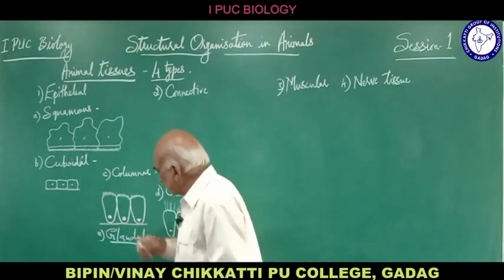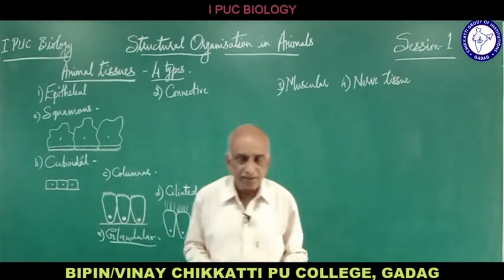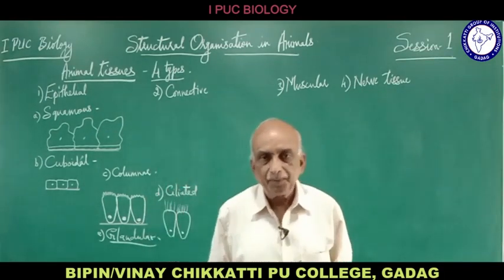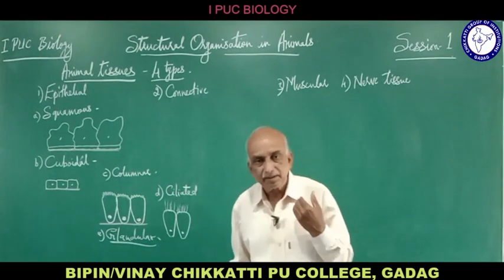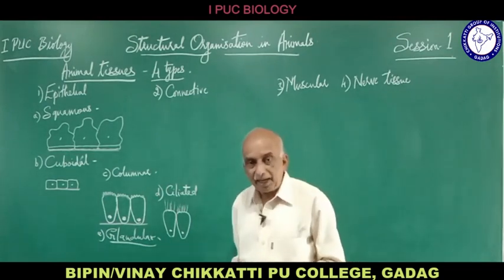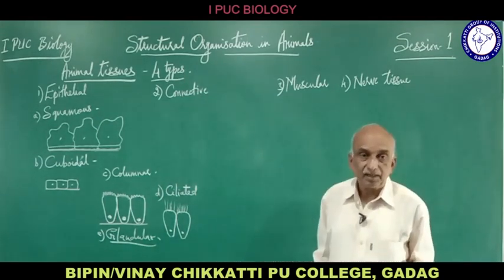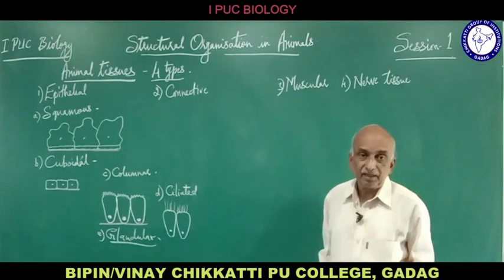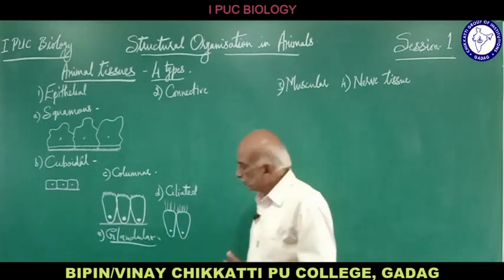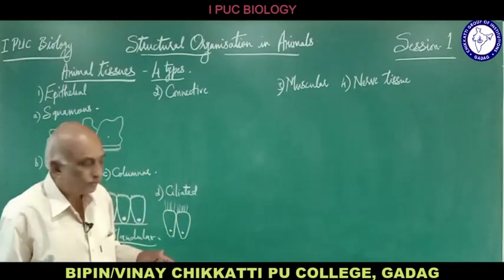Now about the gland, we have already mentioned that glandular epithelium purely secretes a particular secretion. All glands in our body are made up of glandular epithelium: pituitary gland, thyroid gland, adrenal gland, pineal gland, thymus gland, salivary glands, sweat glands.